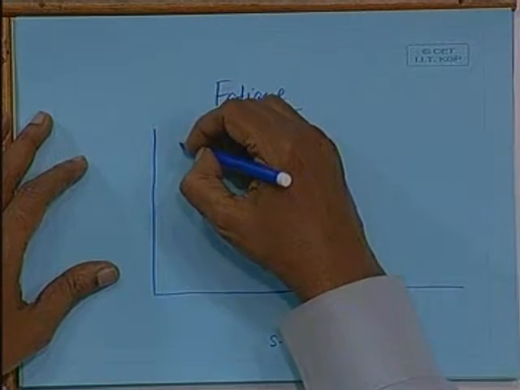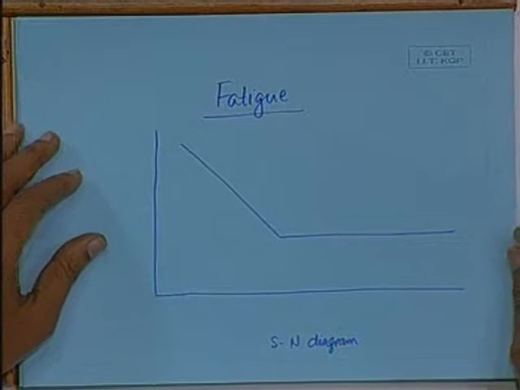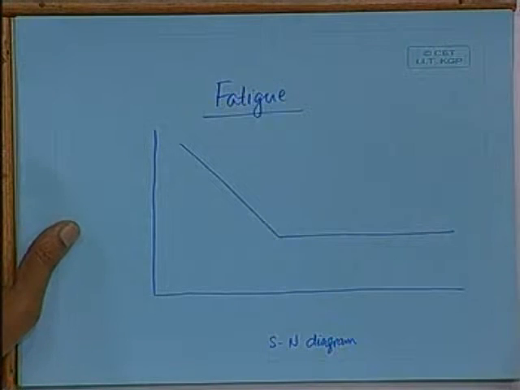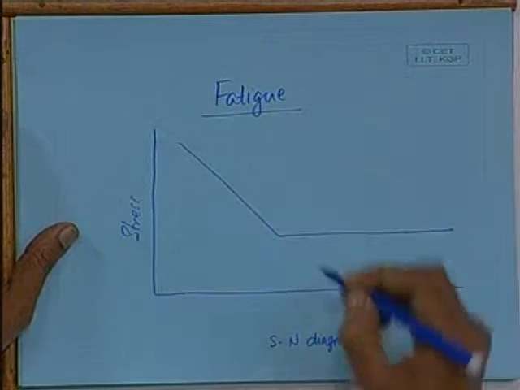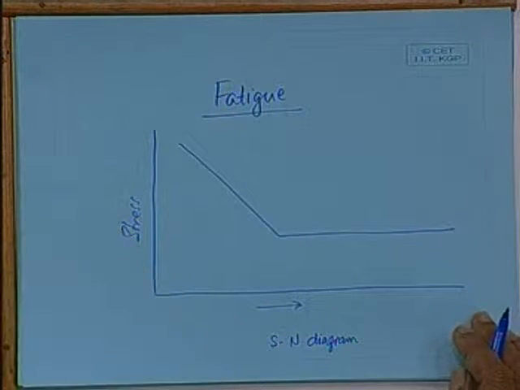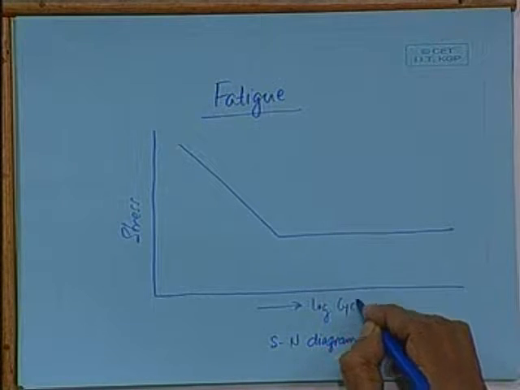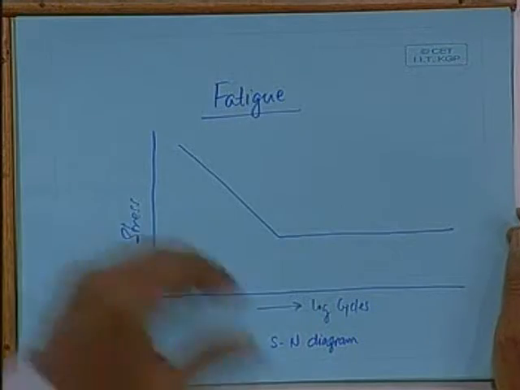So, an SN diagram will look like this, right? What does this diagram tell us?